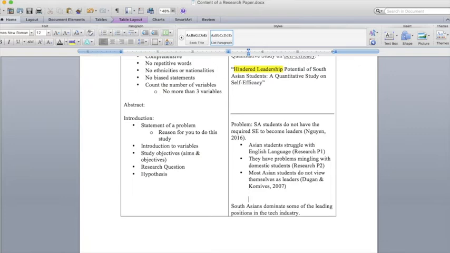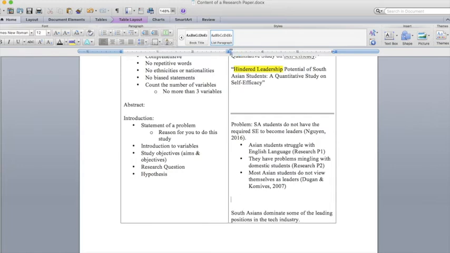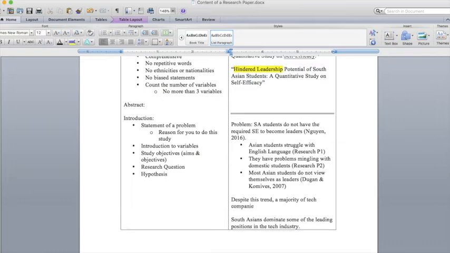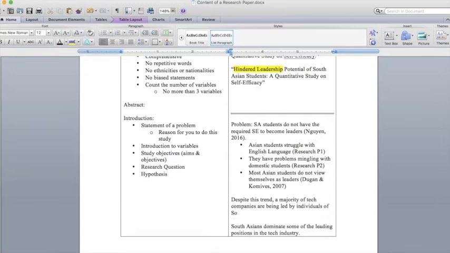Now, I need to make sure I have a valid reason to go through this study. I need to show the reader in a convincing manner that there is more reason for me to go through this study. Despite this trend, a majority of tech companies are being led by individuals of South Asian origin.